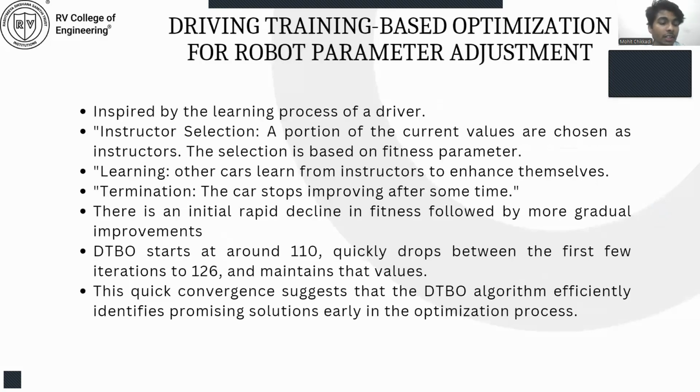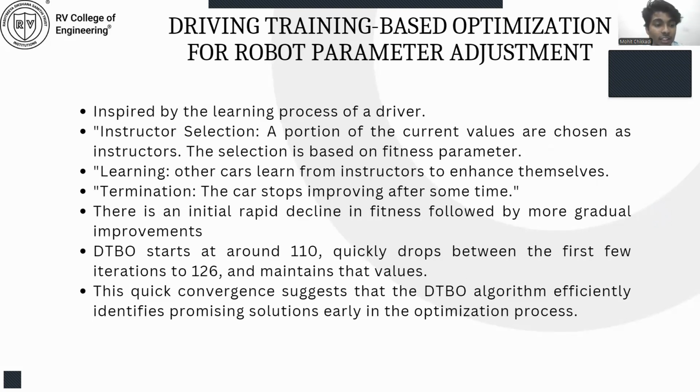Next, we have the driver training based optimization, a method inspired by how professional drivers refine their techniques through practice and feedback. This algorithm mimics that by learning and improving through iterative adjustment. So how does DTBO work? We have initialization, performance feedback, refinement, exploration, and exploitation. In initialization, we begin with a set of driver solutions, and then in the performance feedback, the solutions are evaluated based on their effectiveness.